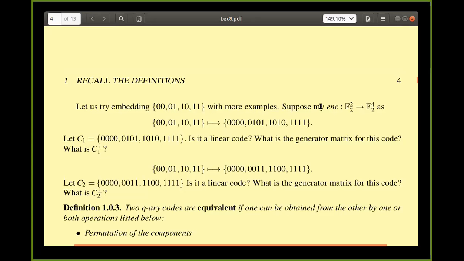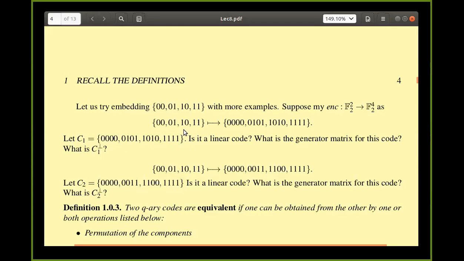Sorry, I suppose I had not written my encoding function properly. Let us try an example with 0 0, 0 1, 1 0, 1 1. Let us take my encoding function from F2 power 2 to F2 power 4, like this, right? So now C1 is like this.